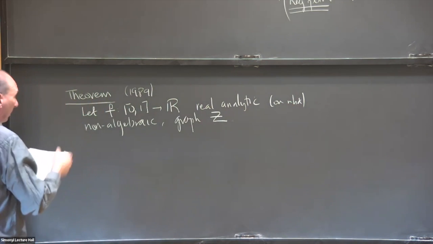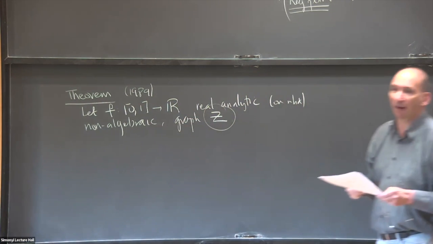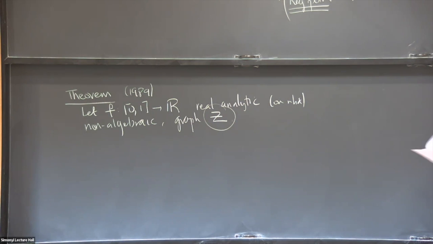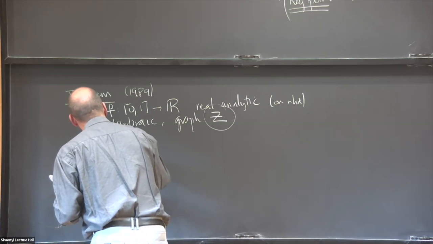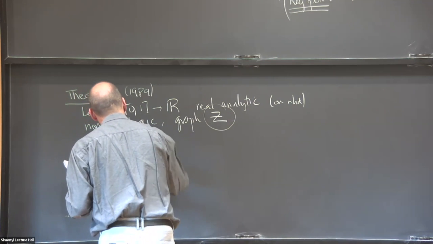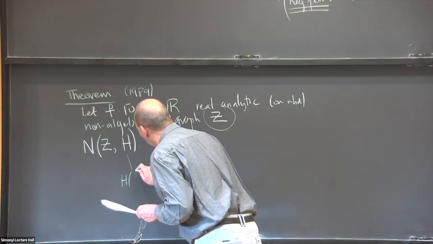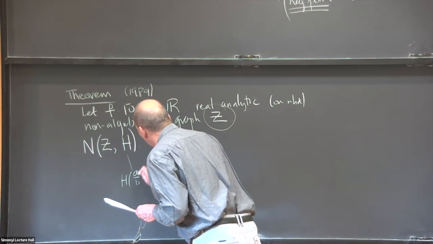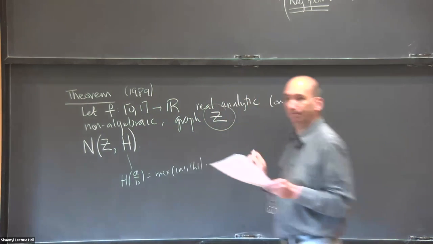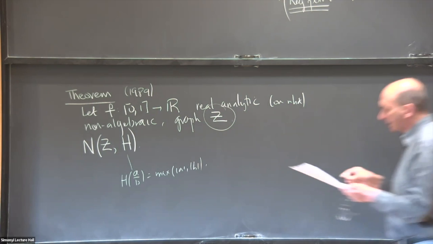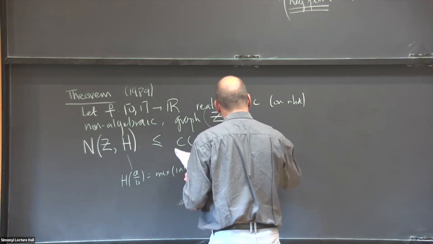So this was about rational points on this graph, the idea being that this graph is non-algebraic, so it shouldn't have too many rational points. And the theorem was that if you count the rational points on Z up to height H, where H is just the naive height of a rational point, where the height of A over B in lowest terms is the maximum of mod A and mod B, then this number is less than, for every epsilon, a constant depending on Z and epsilon, times H to the epsilon.